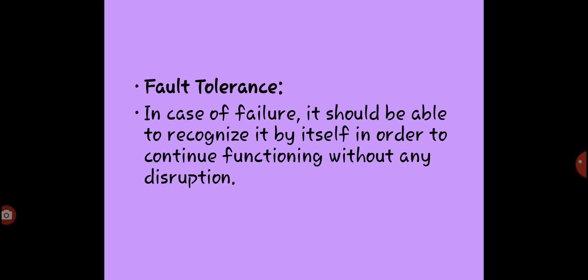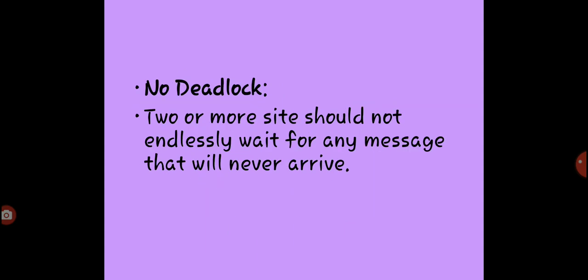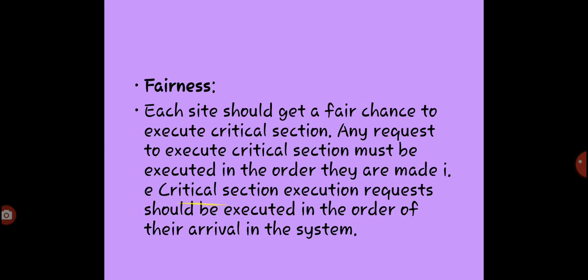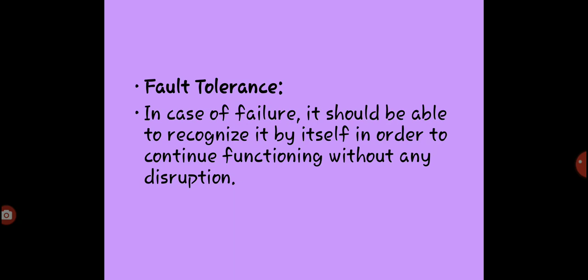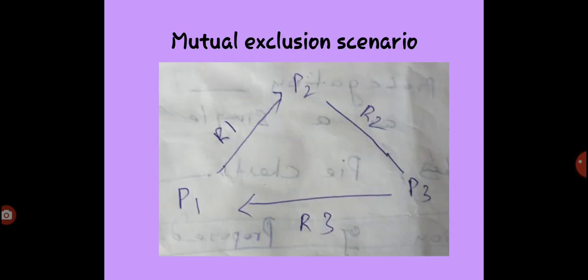Even if an interruption comes, even if a failure is there, the system should function properly. These are the four requirements: no deadlock, no starvation, fairness, and fault tolerance. If they are there in a distributed system, then we can handle mutual exclusion.